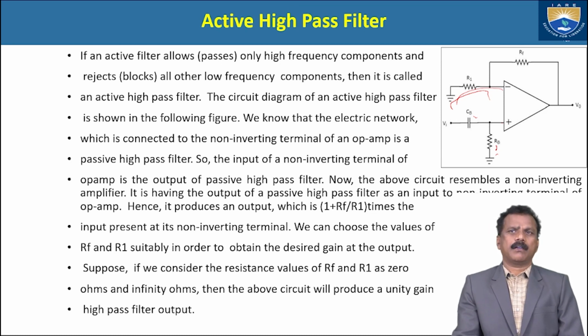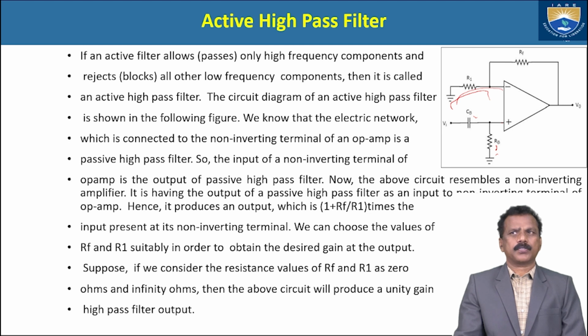Hence it produces an output V naught, which is 1 plus RF by R1 times the input at its non-inverting terminal. We can choose the values of RF and R1 suitably in order to obtain the desired gain at the output.